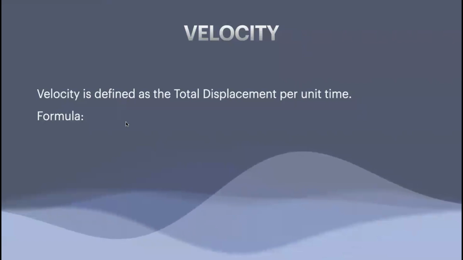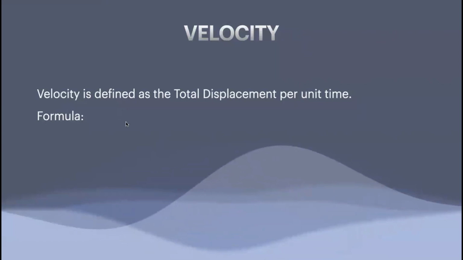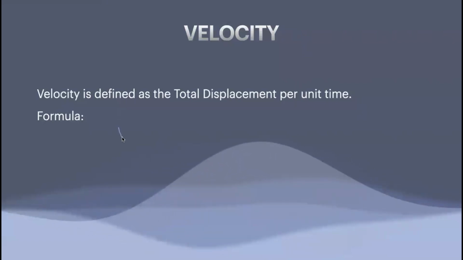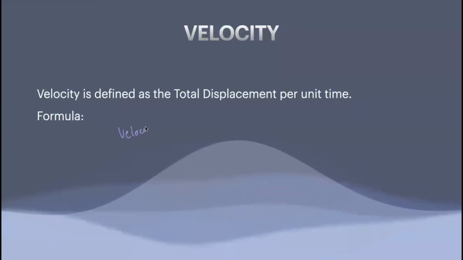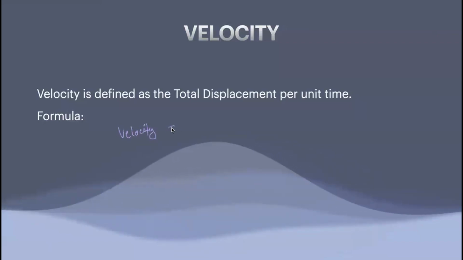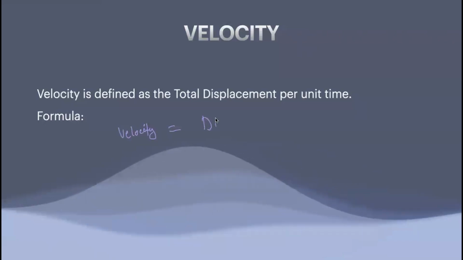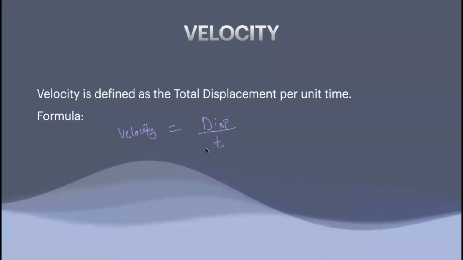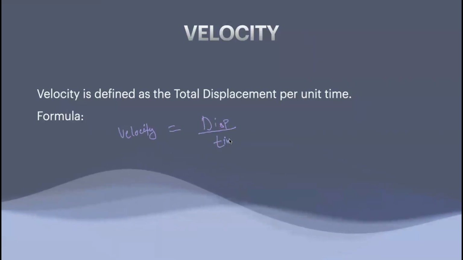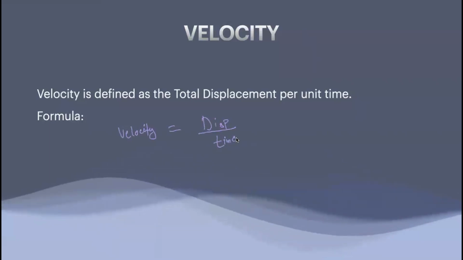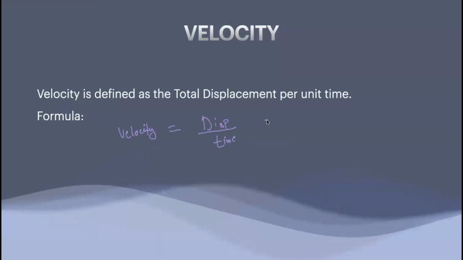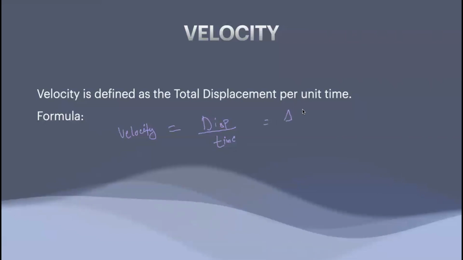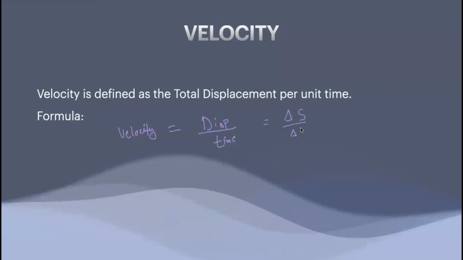Okay. What is velocity? Velocity is defined as total displacement per unit time. Velocity I'll write as displacement per unit time. So displacement by time is velocity. Now, if displacement is used, displacement can be written as delta S, and time can be written as delta t.